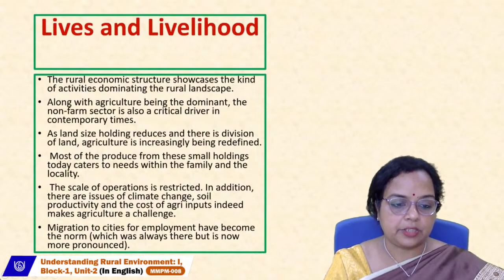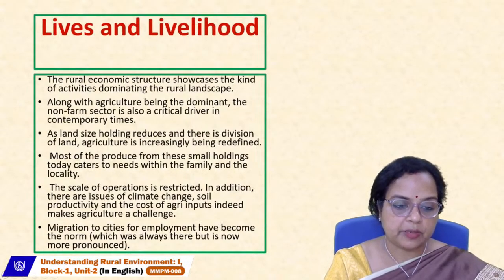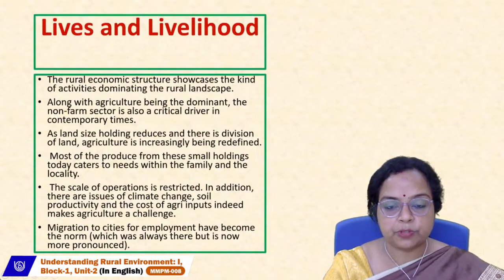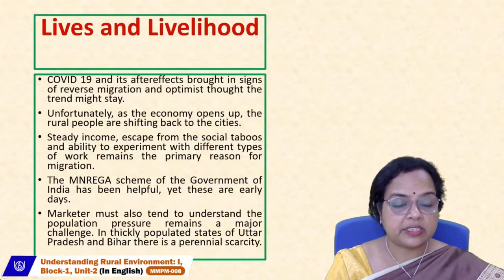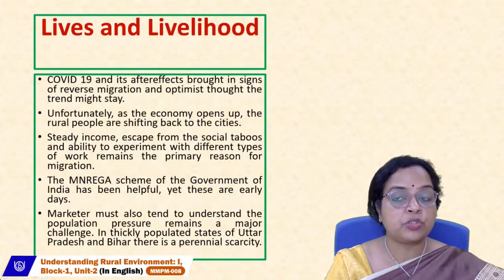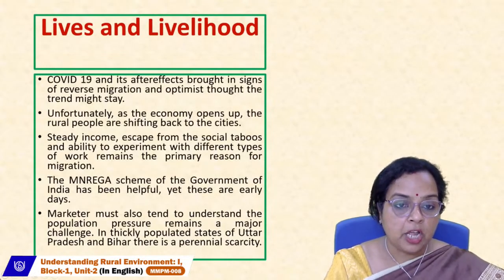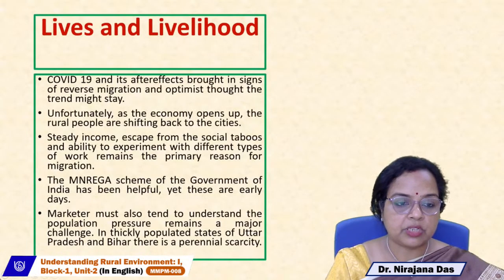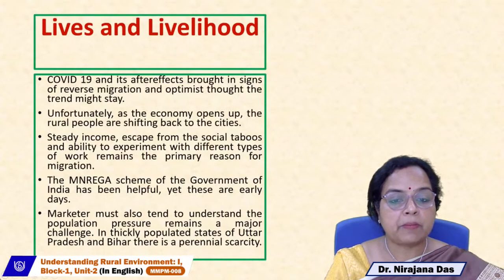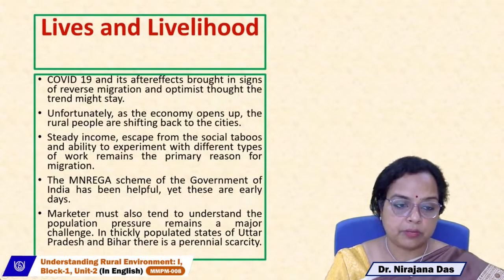Migration is another challenge, where people of the village are migrating to the cities for jobs and employment. After COVID-19, its aftermath brought signs of reverse migration, but that was not that prominent. When the economy opens up, rural people are shifting back to the cities. Steady income, escape from social taboos, and the ability to experiment with different types of work remain the primary reasons for this kind of migration.